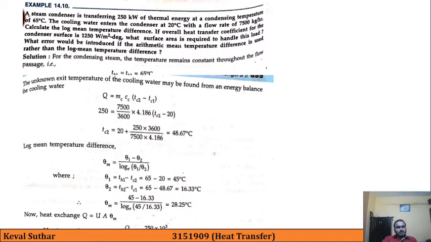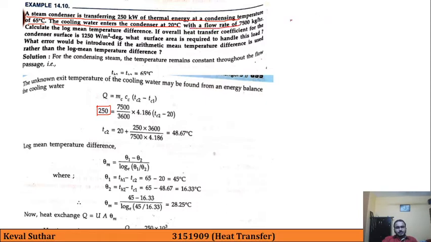Here a steam condenser is transferring 250 kilowatt of thermal energy at a condensing temperature of 65 degrees Celsius. So we are given the value of Q, that is written over here, 250, and the condensing temperature is given to us, that is 65 degrees Celsius. Now the cooling water enters the condenser at 20 degrees Celsius with a mass flow rate of 7500.